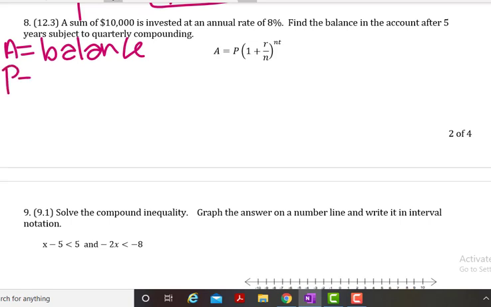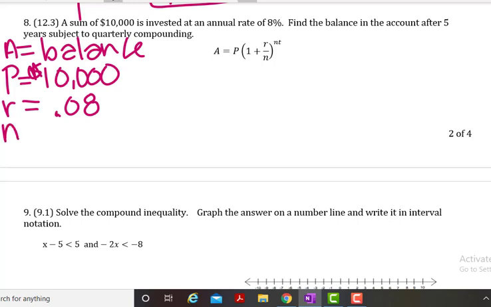P is equal to the principal, and in this case, it would be equal to the $10,000. r is the interest rate in decimal form, so we would write 0.08 or 8/100ths. n is the number of times the interest is compounded per year.